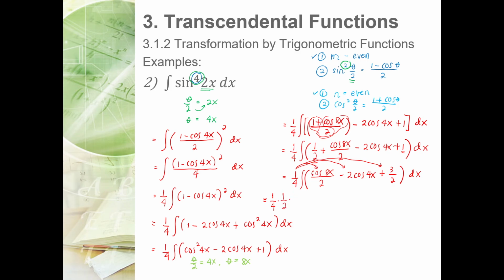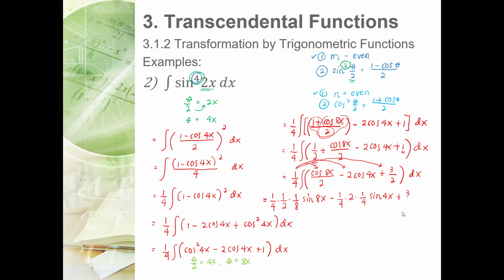The integral of cosine 8x is 1/8 sine 8x, because the coefficient of the angle is 8. Minus 1/4 times 2 times the integral of cosine 4x, that's 1/4 sine 4x. Then lastly is your constant term, 3/2.